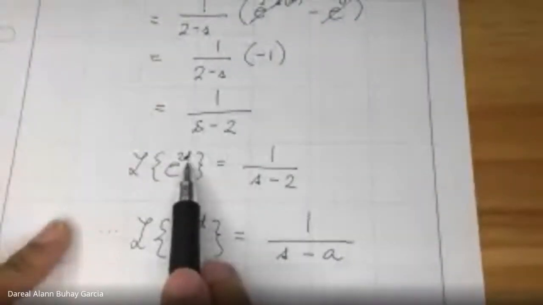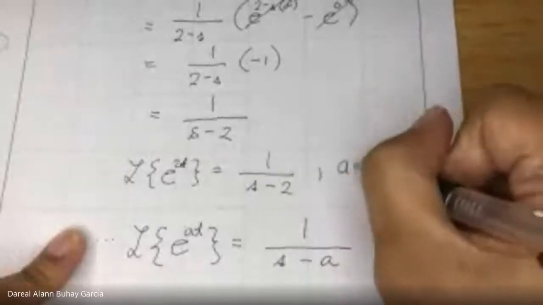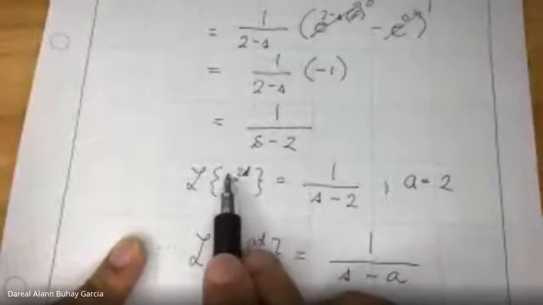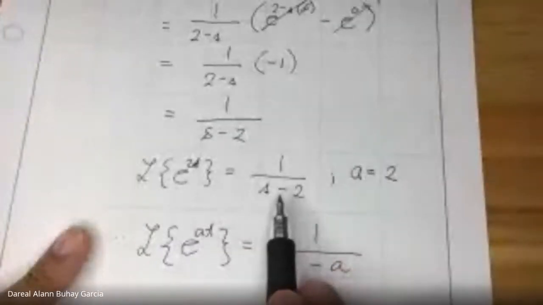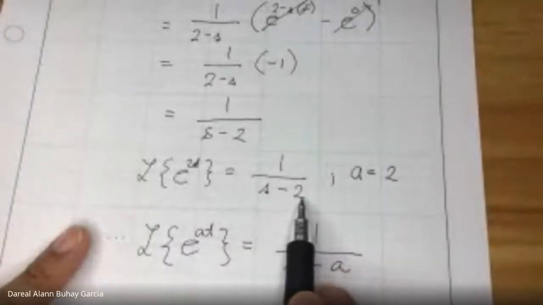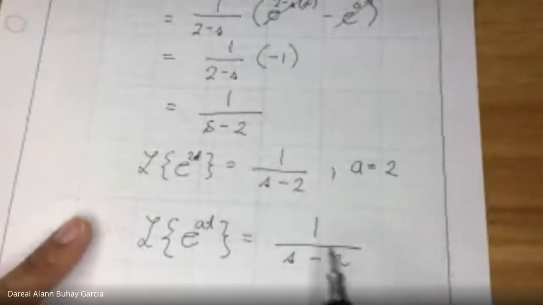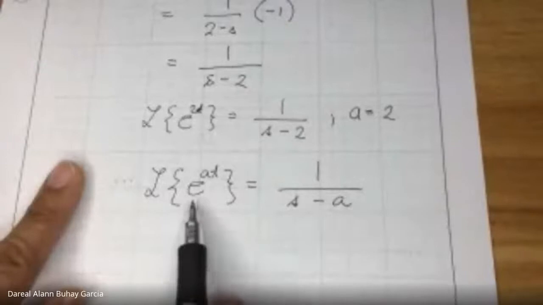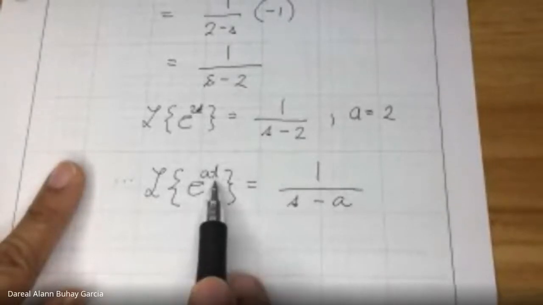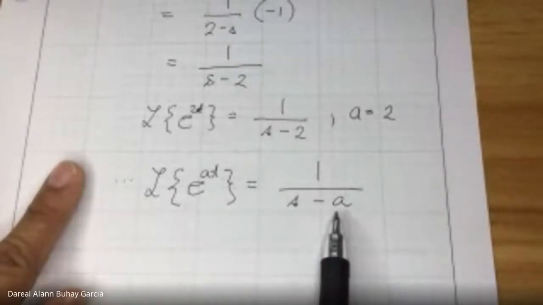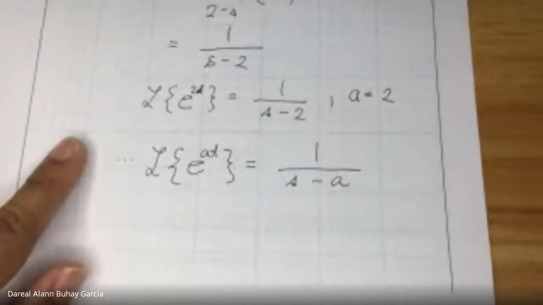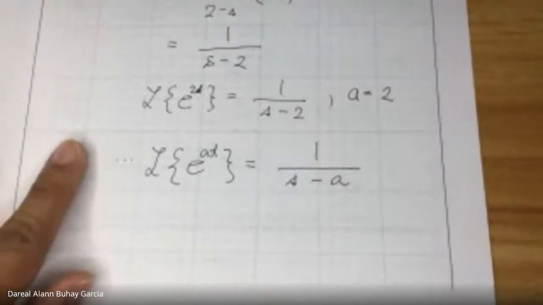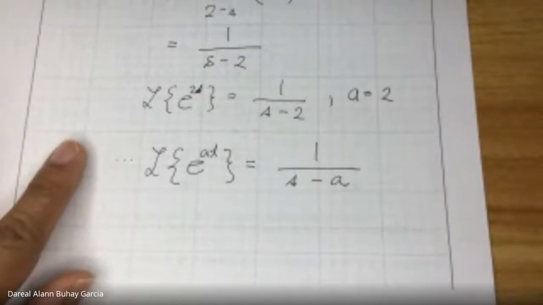In this case, our a is positive 2, so we get 1 over s minus 2. So that is the generalization for an exponential function raised to a constant times t, 1 over s minus a, and it is the second entry in our table.